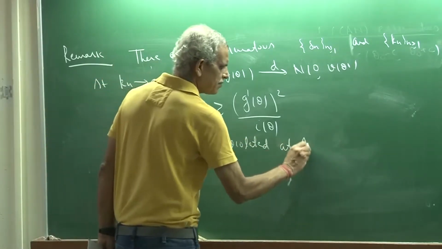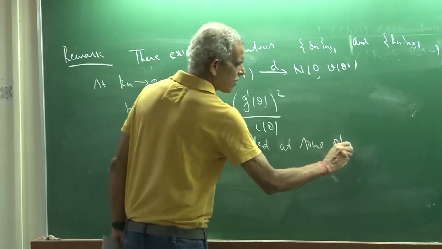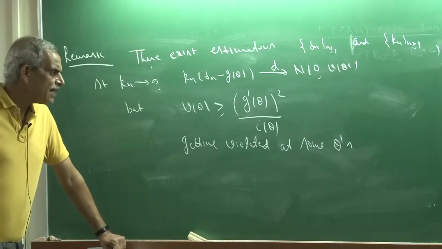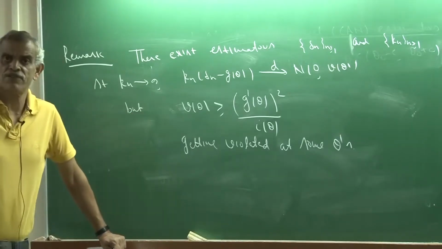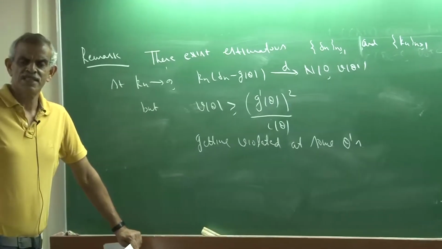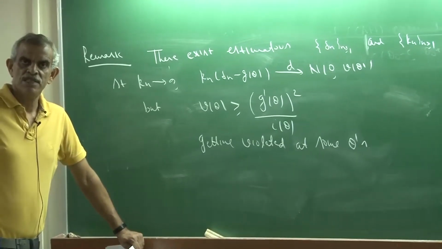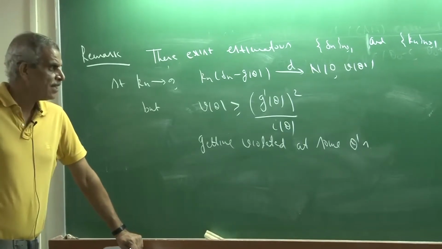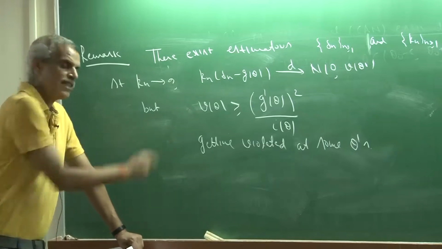at some thetas. Of course, from the last result, you know that if those regularity conditions are satisfied, then the set of all those thetas where this would get violated has Lebesgue measure 0. Or in other words, they are almost negligible, in the sense that the set where this gets violated is negligible.